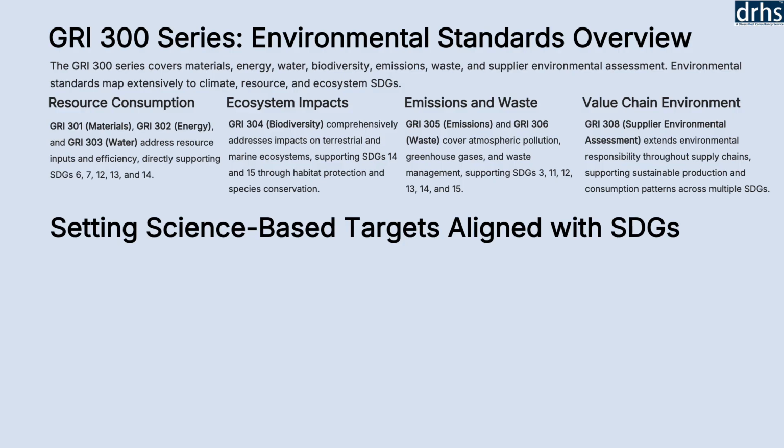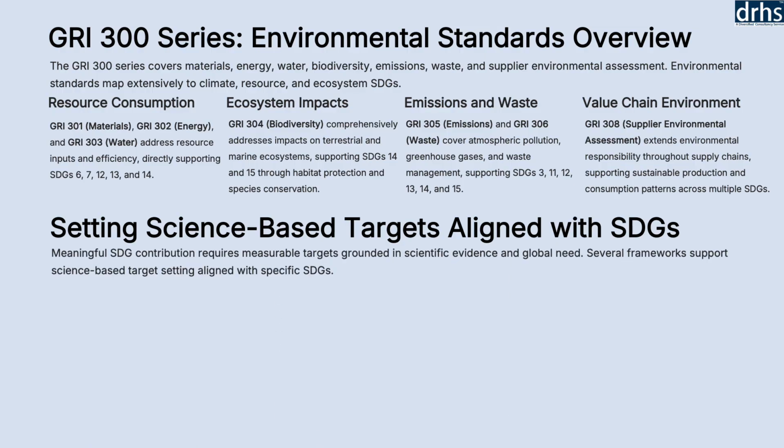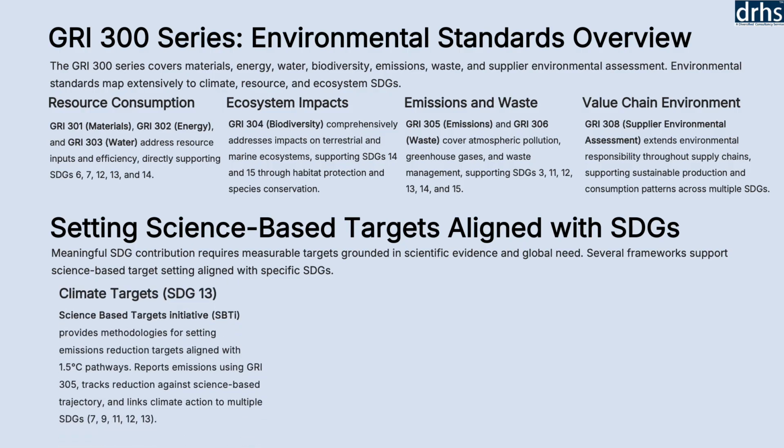Science-based targets aligned with SDGs. The GRI 300 series increasingly supports science-based targets, SBTs, as credible pathways for environmental performance. Climate targets, SDG 13, aligned with climate science, such as 1.5 degrees Celsius pathways, enable transparent emissions reduction trajectories.